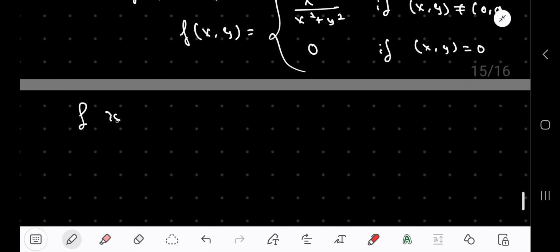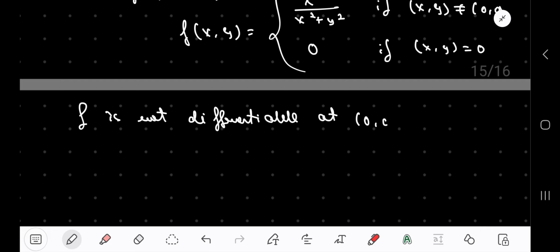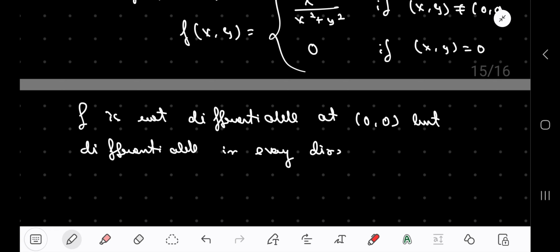Okay, then you can observe that f is not differentiable at the origin, but differentiable in every direction. Now something which you can take up from here itself is how to check whether a function is differentiable in every direction. You cannot possibly account for every direction because there are uncountably many directions, but what is the way in which you can do that? Okay.